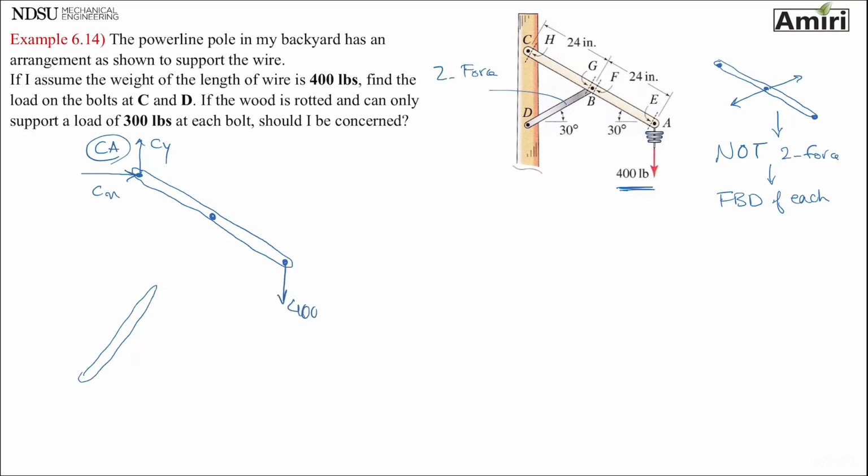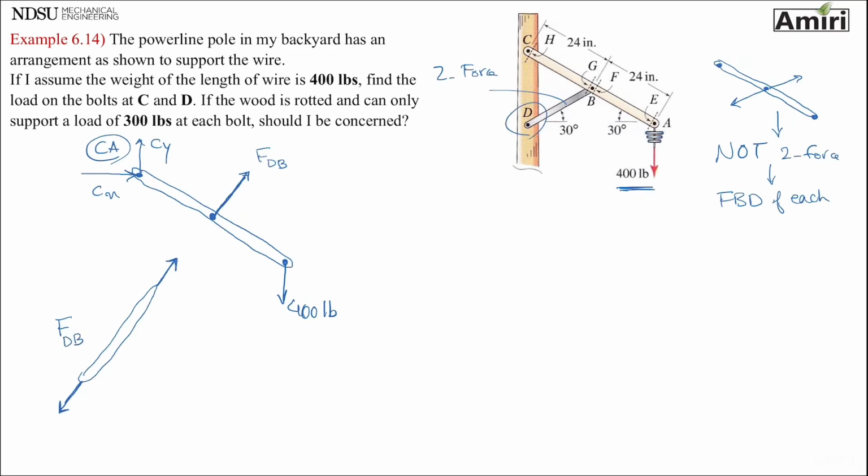I have a 400 pounds pushing down, and then I have a force aligned with DB that is either compression or tension. I'm going to draw it this way. You're going to see why. I'm going to explain in a little bit why that is. So that force is tension, so that means this member is in tension, and I'm going to draw it this way, F_BD, or DB.